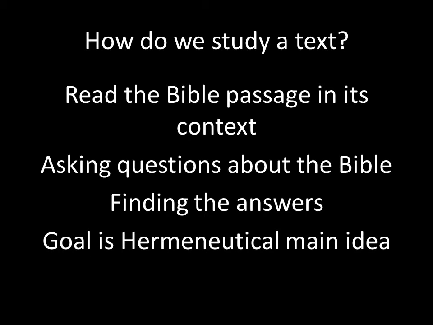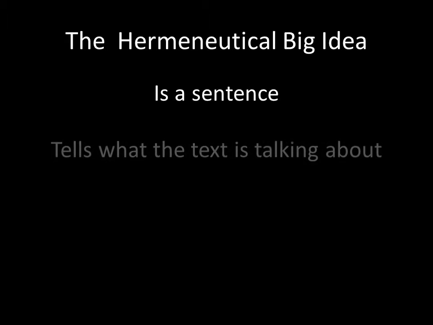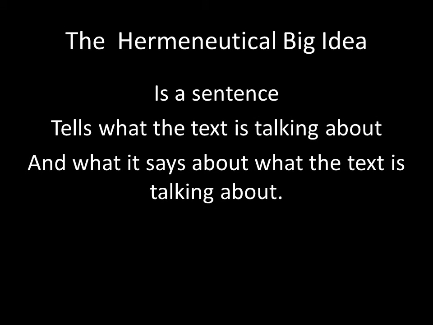Our goal is to come up with the accurate hermeneutical main idea. In other words, we're going to come up with what the original author intended to say about the passage. Now, the hermeneutical big idea, which we discussed in the other lecture, remember, is a sentence. It tells what the text is talking about and what the text is saying about what it is talking about.